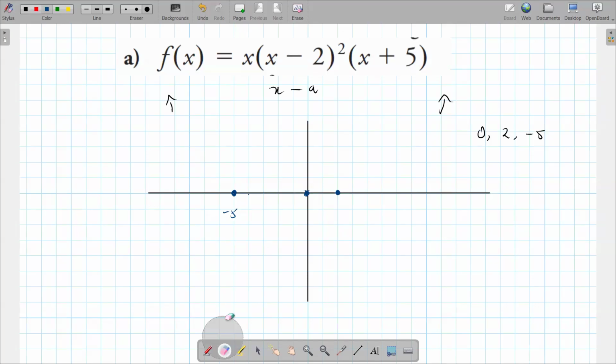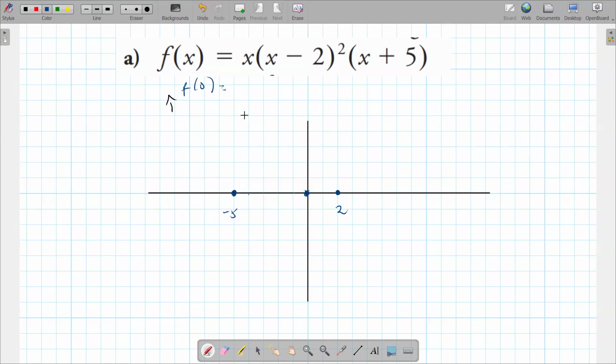So what else do we know? Do we know the x-intercept? Sorry, do we know the y-intercept? Is there a way we can find the y-intercept? Right, so f of 0.